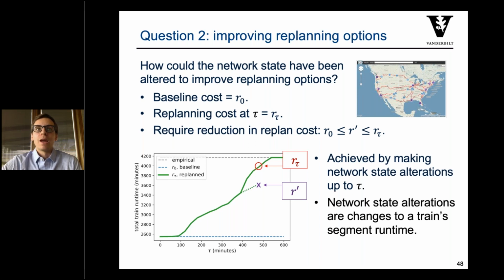So we're going to make network state alterations that occur before our analysis point in time, tau, and those network state alterations, because we changed things in the past, will change our ability to plan things into the future, and will hopefully improve on our ability to replan and get trains to their destinations faster.